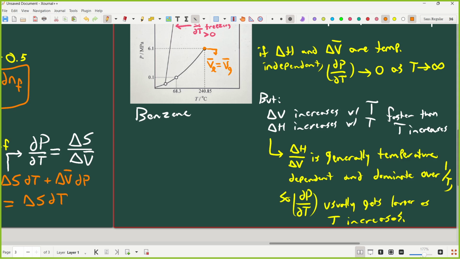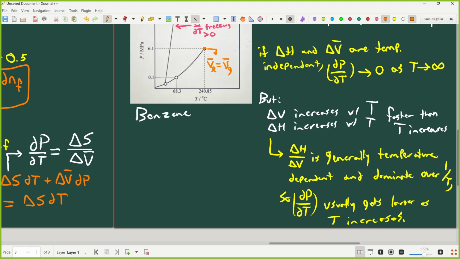So what happens is as you climb up this curve, the liquid gets less dense, and the gas gets slightly more dense as it gets closer and closer, higher pressure, higher temperature, more compressed. And eventually they reach a point where they're the same.